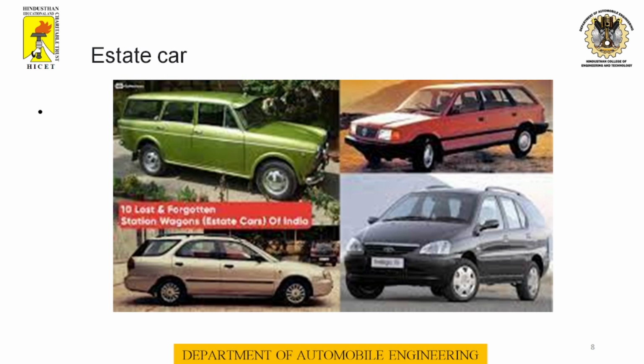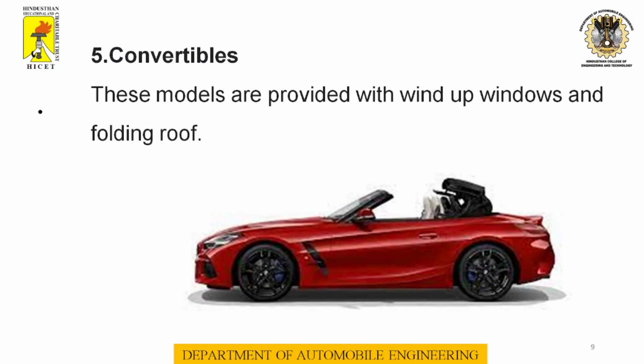The other names of this model are universal, station wagon or brake van. So this is a sample picture of estate model cars. Convertible. These models are provided with wind-up windows and a folding roof. So these are the 5 different types of car bodies available in the current market.